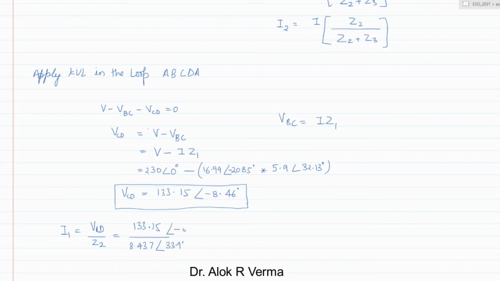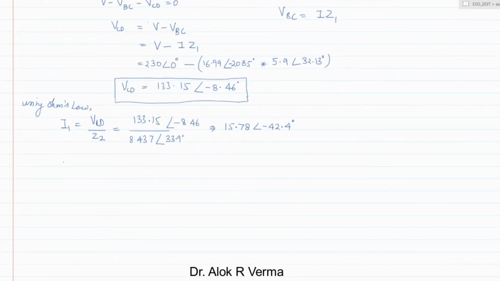If we solve this, the current I1 comes out to be 15.78 angle of minus 42.4 degrees. This is using Ohm's law for the drop across the branch.